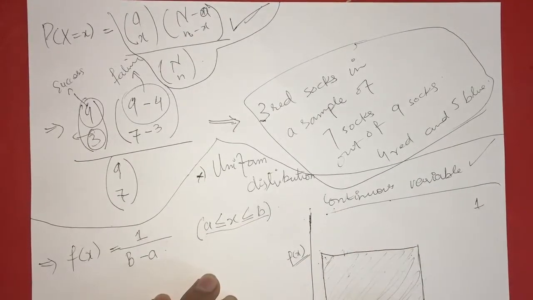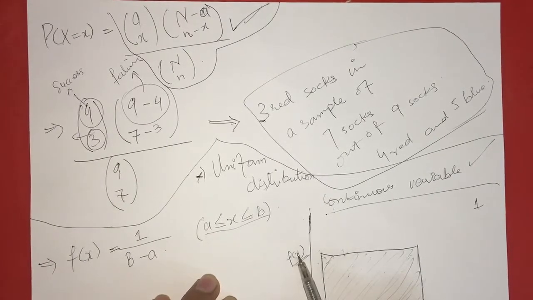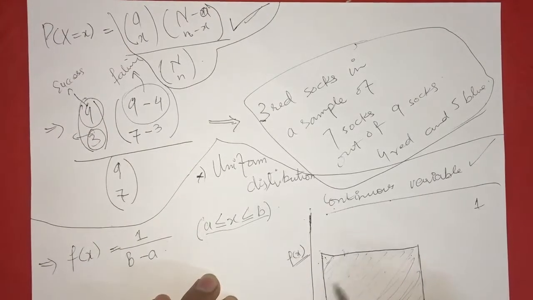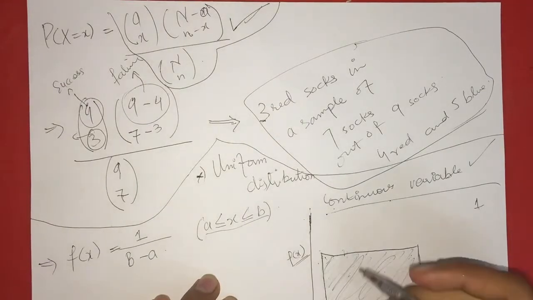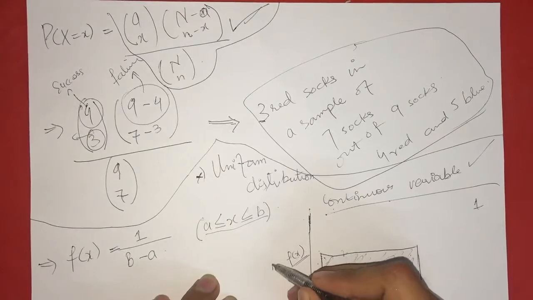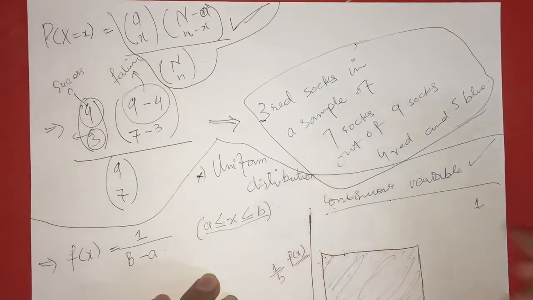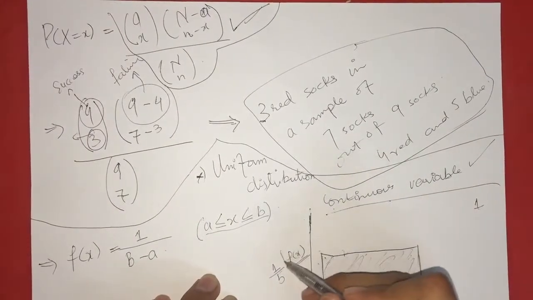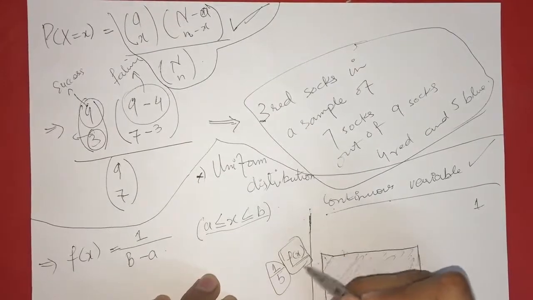The base is here from 1 to 5, and your height is f of x. So the base is 5 and your height is f of x. If you want to find f of x, the whole area has got to be 1, because you add the probabilities and you get 1. So you have 5, and what number do you multiply 5 by to get 1? Well, that's got to be the reciprocal of 5, because 1 by 5 times 5 equals 1. So f of x equals 1 by 5.